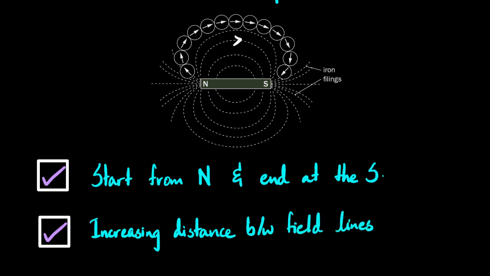What that means is that the distance between these two is something, but the distance between the next ones is greater than this distance, and then this one should be greater than that distance even, and so on. This is how you must make sure that the field lines are plotted. And apart from this, something very simple to see is that the field lines never cross each other, right? They're all separate lines which never intersect outside the magnet.